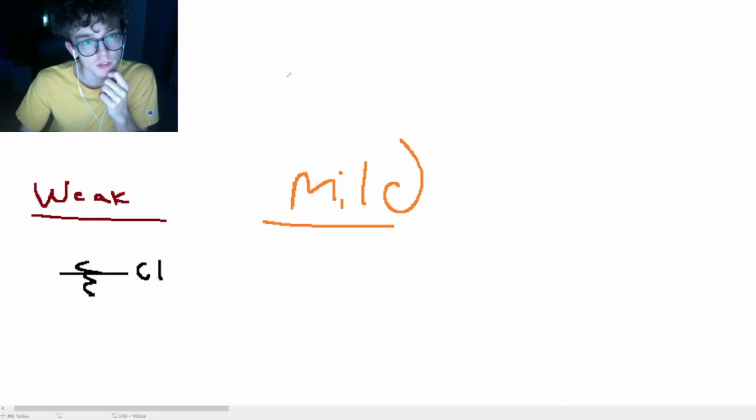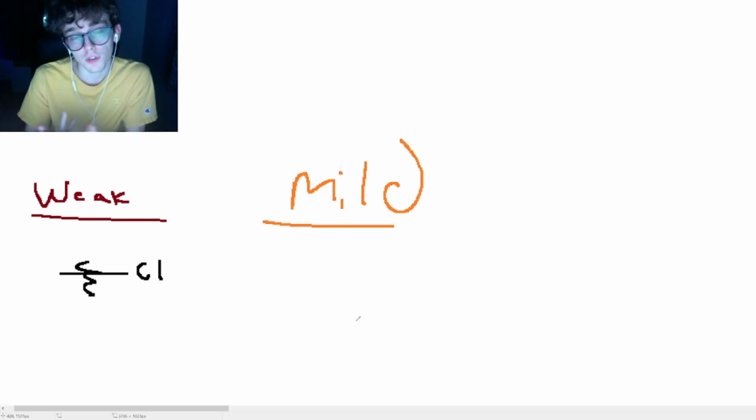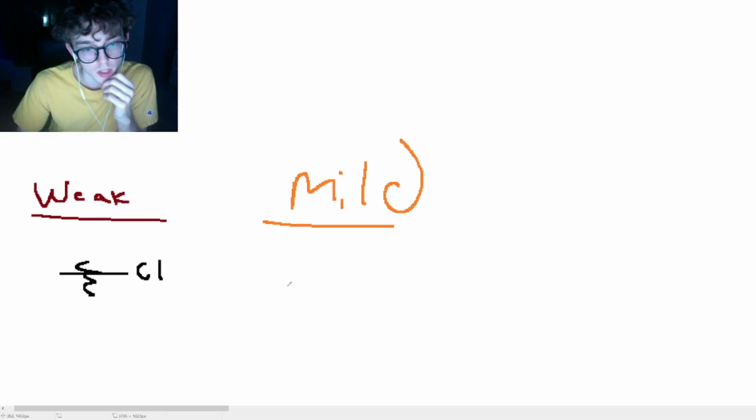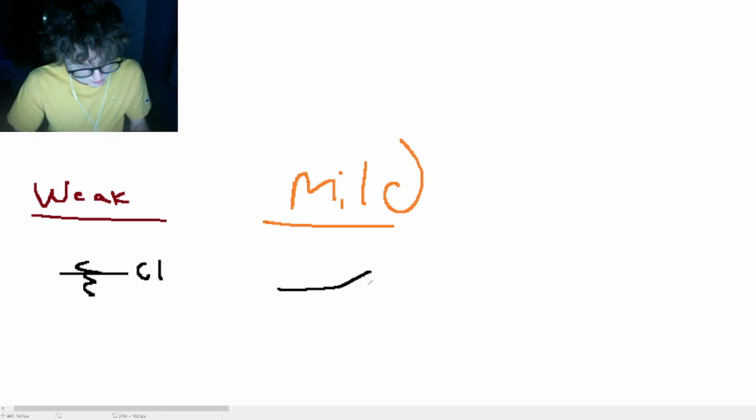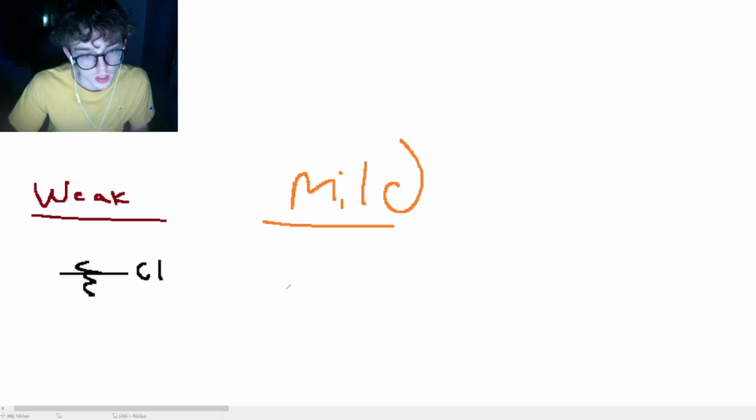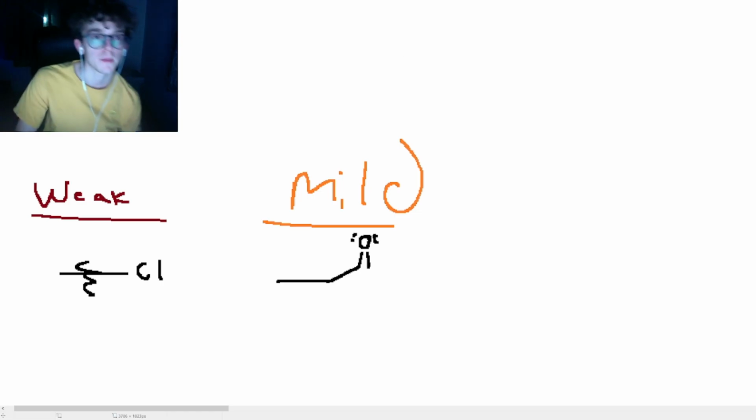All right, now let's go to mild. A mild deactivator is any group that has one electronegative atom that's pulling electron density from the ring. So an example of this would be if we had a ketone. I'll draw, if this is our group here, we're going to draw that carbon and then the oxygen. And we know it's withdrawing electron density, right?